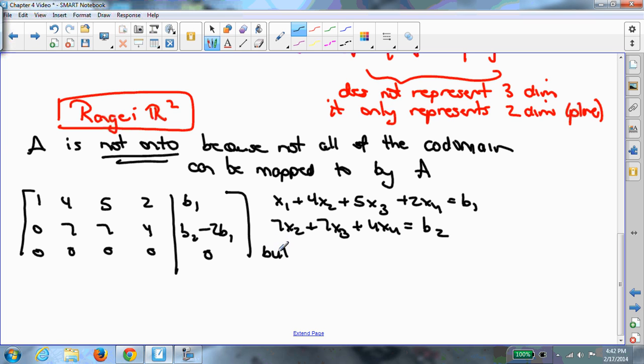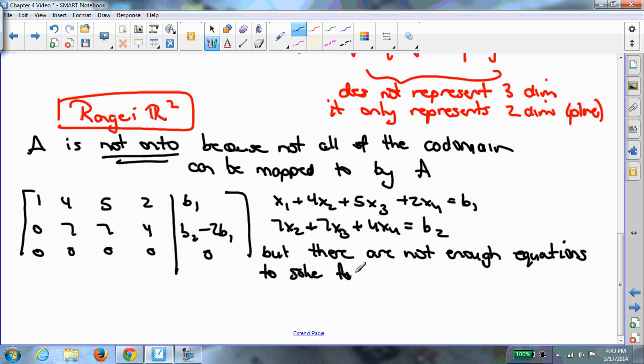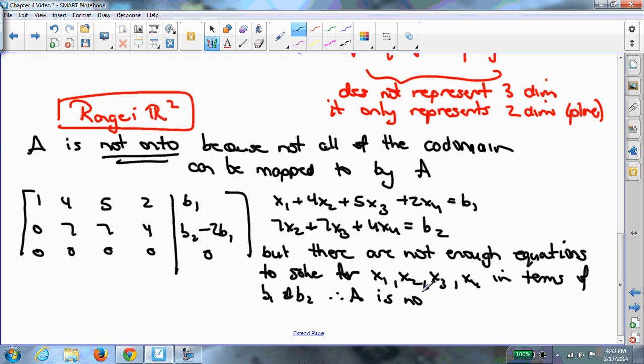But there are not enough equations to solve for x1, x2, x3, x4 in terms of b1 and b2. Therefore, A is not 1-to-1.